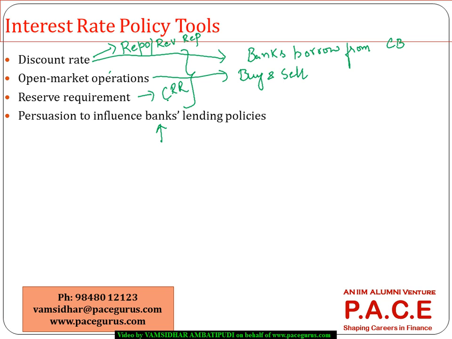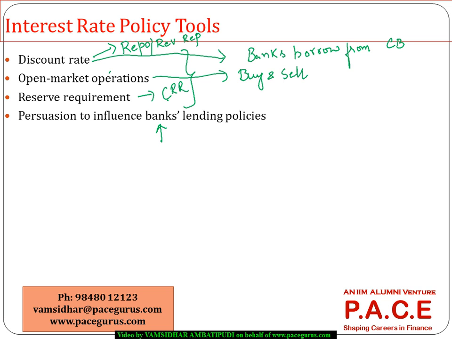Now, if that reserve requirement is increasing, if the CRR ratio is getting increased, banks are forced to deposit more money with the RBI. So there is less money available to give loans. Money supply is getting reduced. The interest rates are going up in the market. Right, the reverse again.